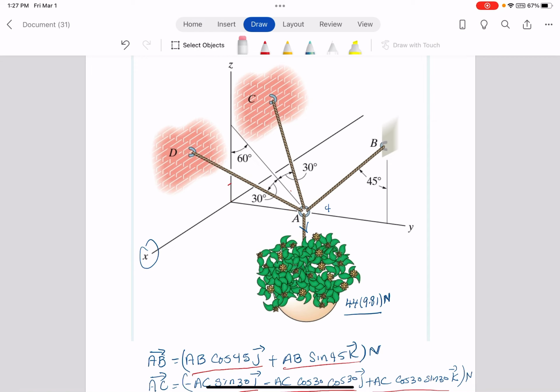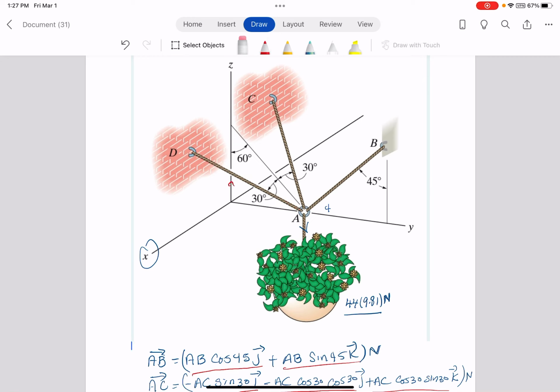This one really needs you to look at the angles. This one, cable AD, going to give you cosine 30 in this line, and then cosine 30 in the negative y and sine 30 in the positive z.